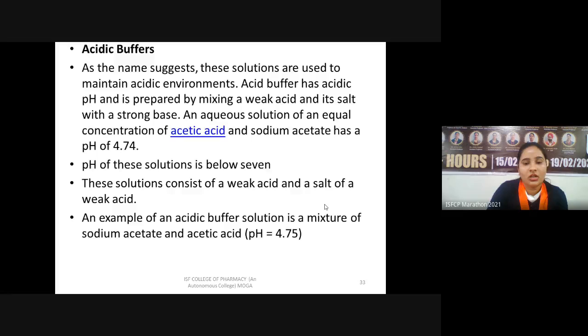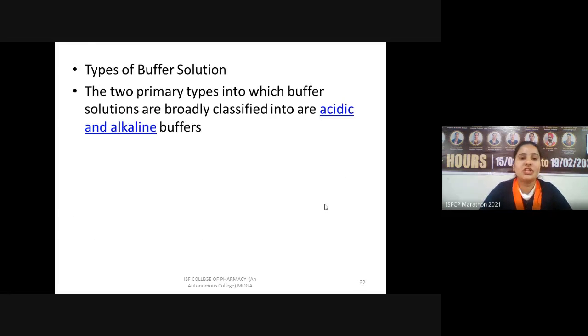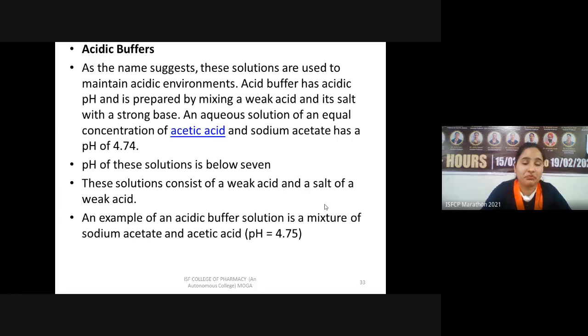Now the buffer solutions are of two types: acidic and alkaline buffers. We will discuss them. What are acidic buffers? As the name suggests, these solutions are used to maintain acidic environments.